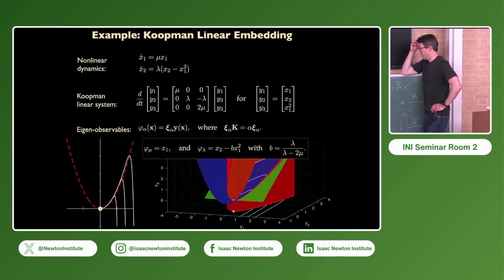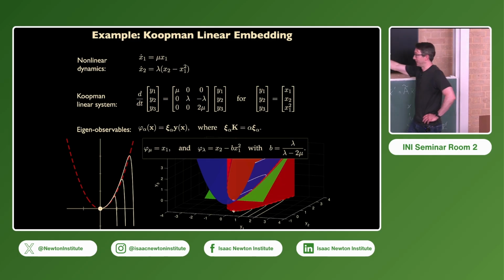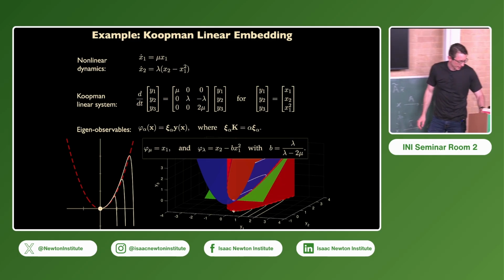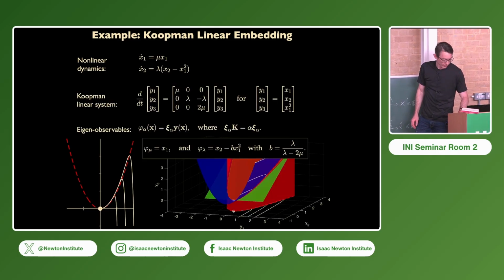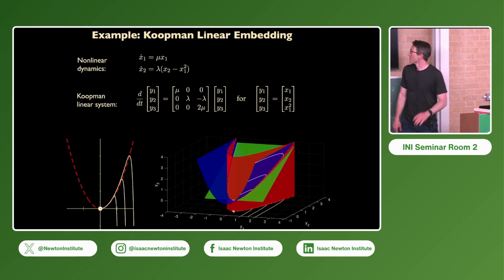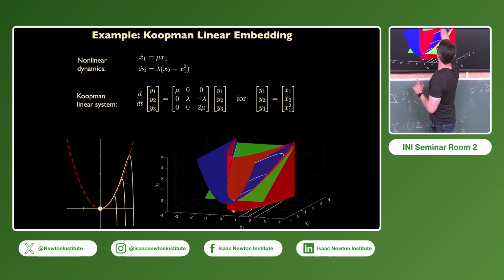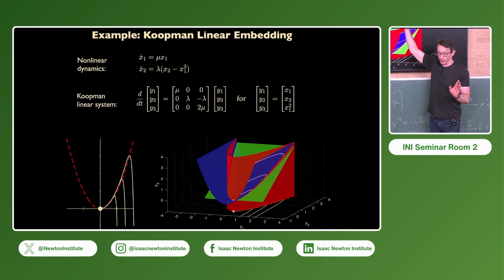Good question. Again, it's been about 10 years since I made this. This blue manifold, it's a really good question. When I introduce this third variable y3 equals x1 squared, I immediately enter the possibility of having non-physical trajectories.